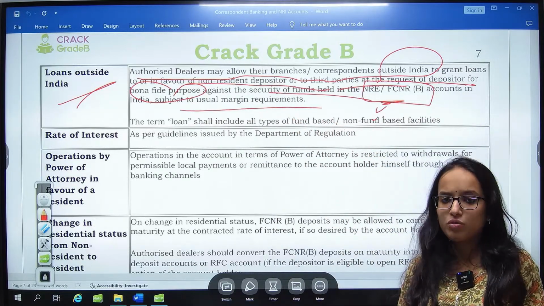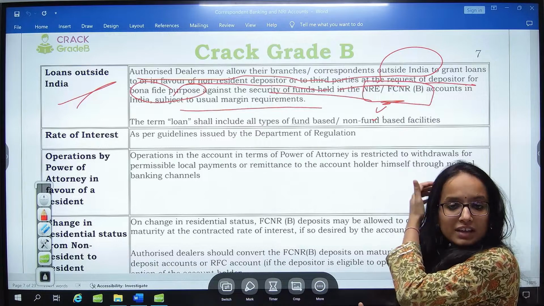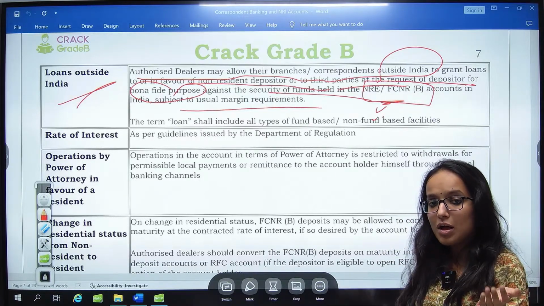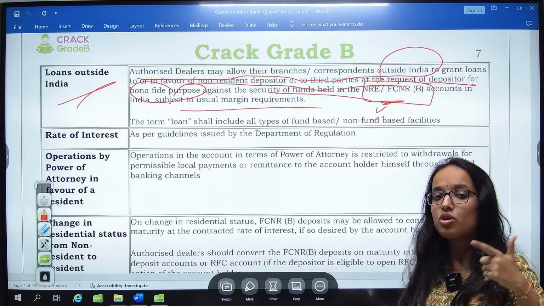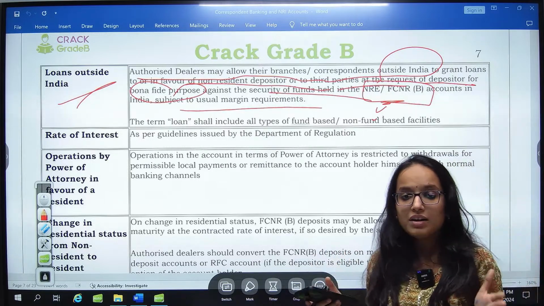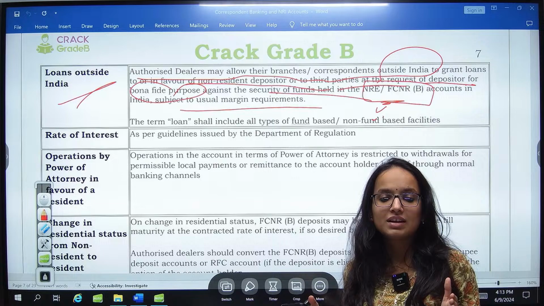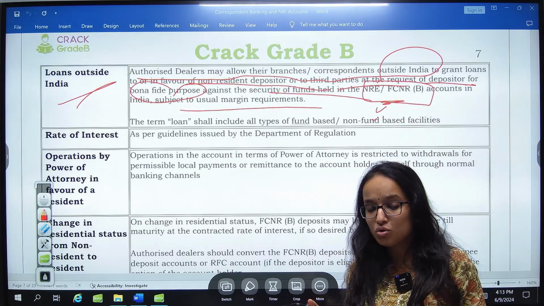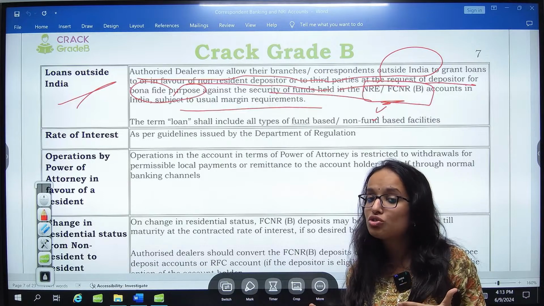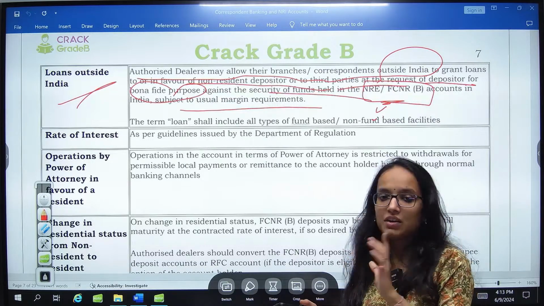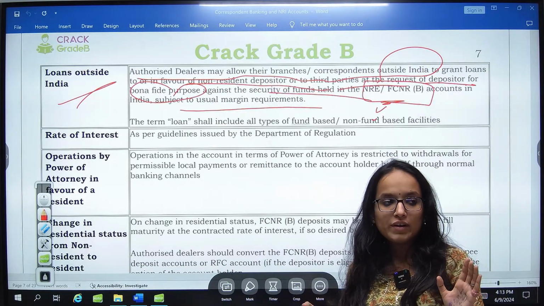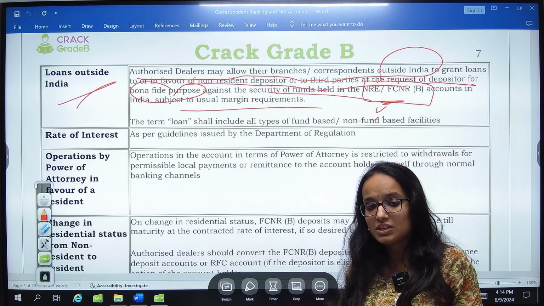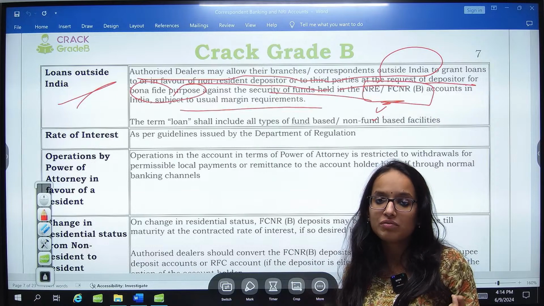So you can take loan from outside India on the recommendation of your authorized dealer with their branches outside India, but for that you have to keep your NRE or FCNRB fund, the balance lying there, as security. And as we have seen, when you keep them as security to take loan, you cannot have premature withdrawal facility.